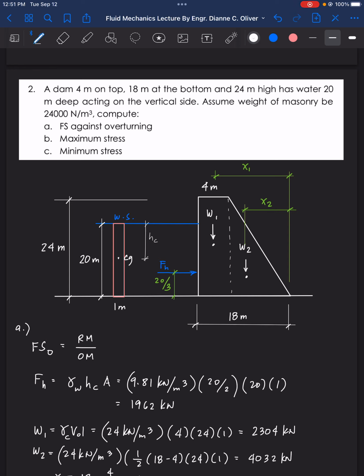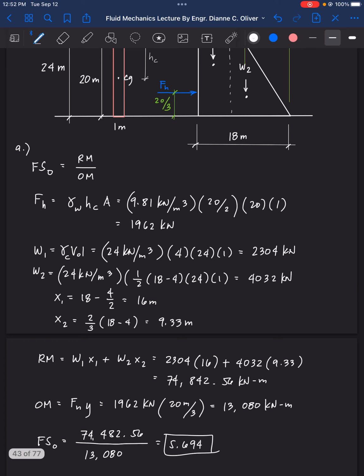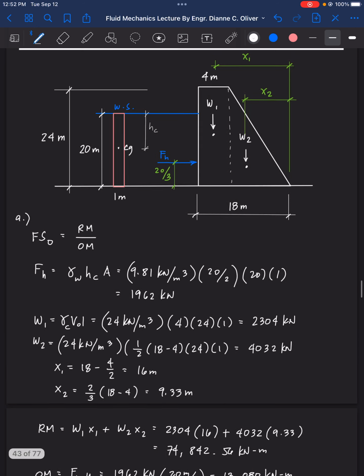So, how do we determine the maximum stress? To compute for the maximum stress, we need first to determine the location of the RV. What do you mean by RV?